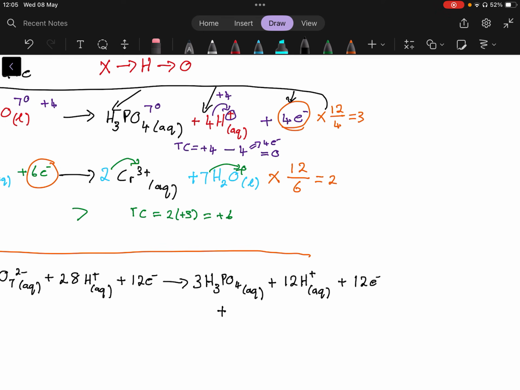Also on the product side, we have 2 times 2 chromium 3+. That's 4 chromium 3+ in the aqueous phase. Plus 2 times 7, so 14 water in the liquid phase. Okay.